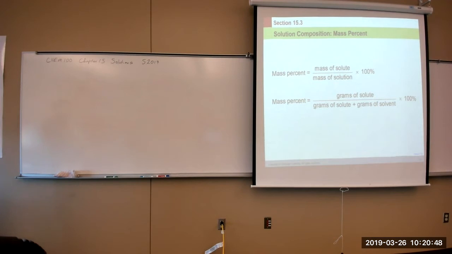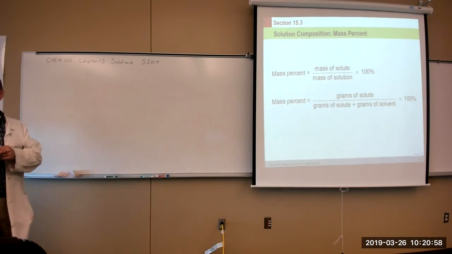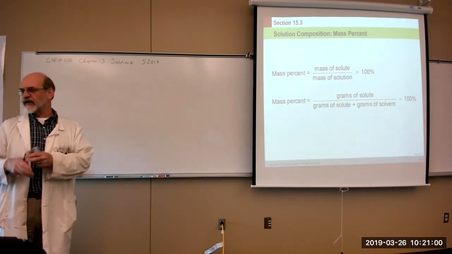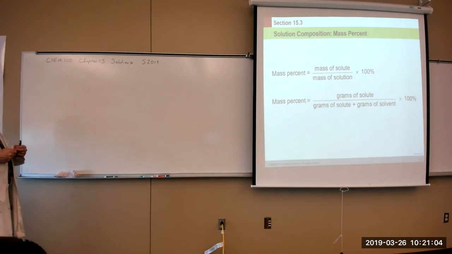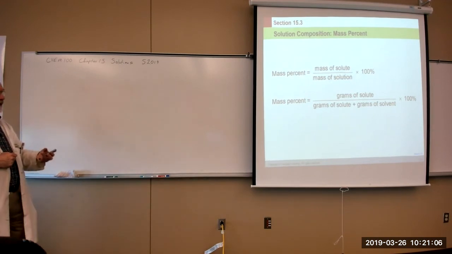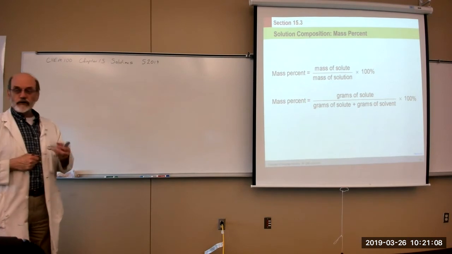Mass percent is a way that's commonly used by chemists, particularly if they're given a sample and the request is how much of each component is there. They might give it in mass percent. So much mass of a solute per mass of solution.